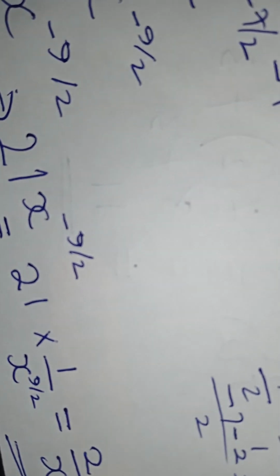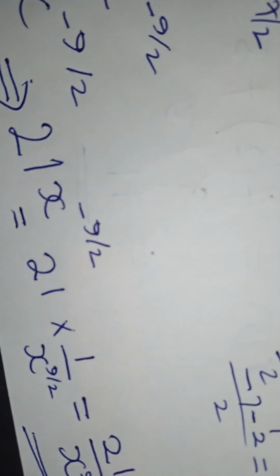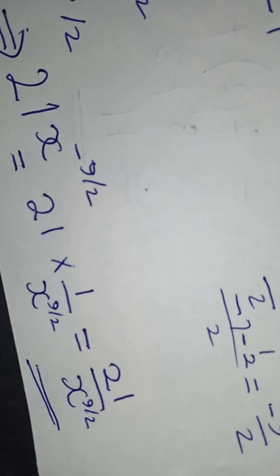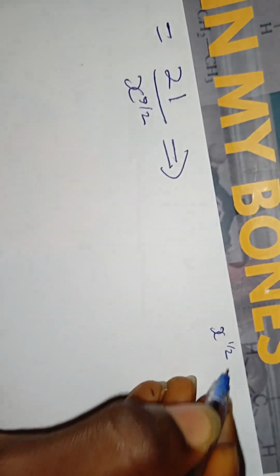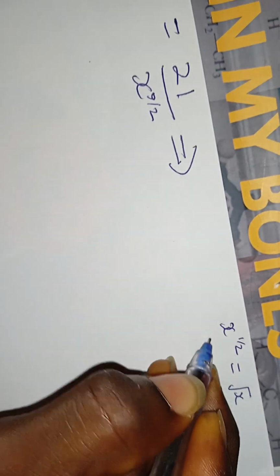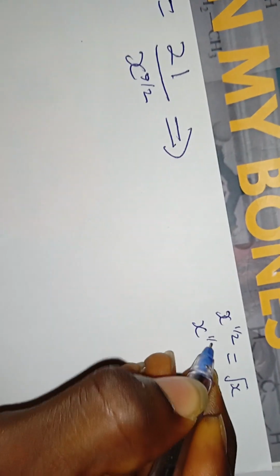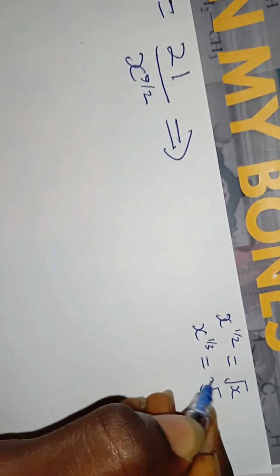And you know that if this is 9 over 2, this can mean the same thing as follows. If what we got there is 21 all over x to the power 9 over 2, you need to know that x raised to power 1 over 2 is the same thing as root x. If I have x raised to power 1 over 3, it is the same as cube root of x.